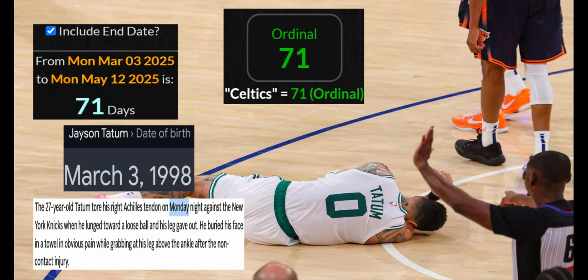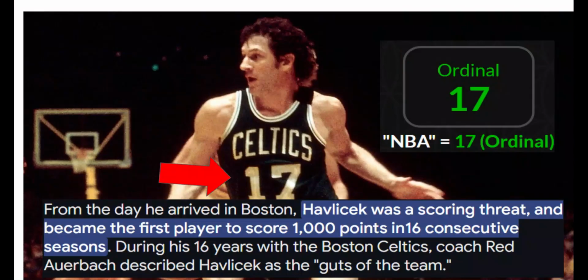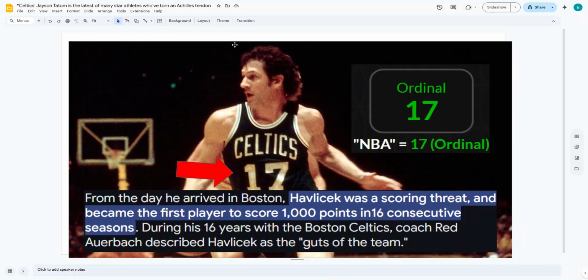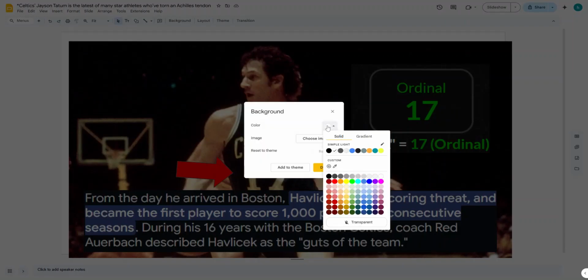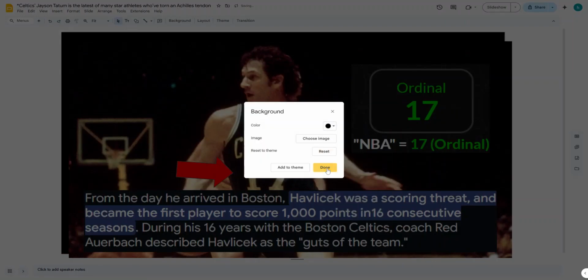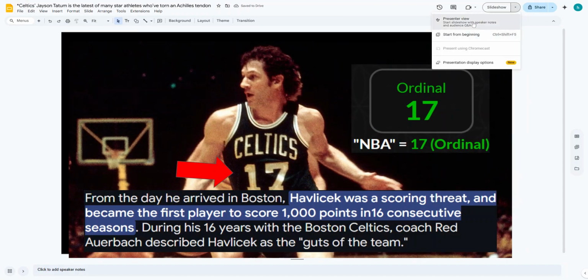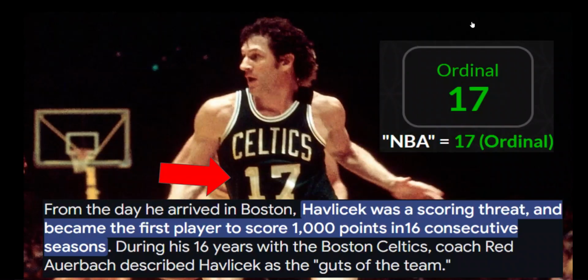And there may be more 17s and 71s, but I don't feel the need to stretch. I like this to come naturally like this. But look at that. Even 1,000 points, 16 seasons, thousands like a 1. 1 plus 16 is 17.